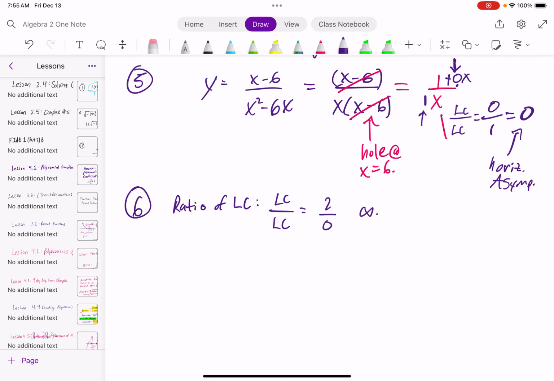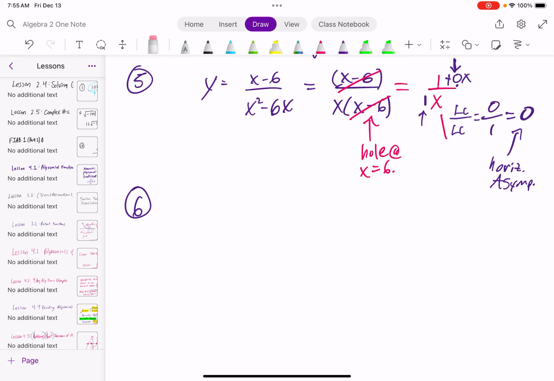That would let you know that you have a 0 on the bottom. This is a vertical asymptote. So that would imply that you don't have a horizontal asymptote. Okay. Just know this.